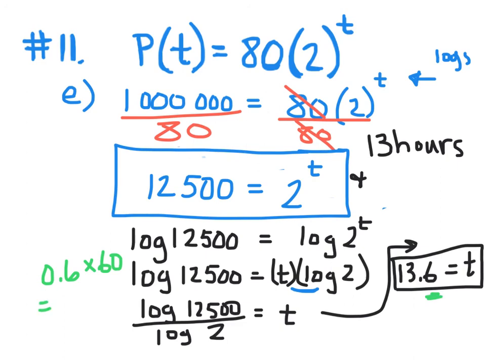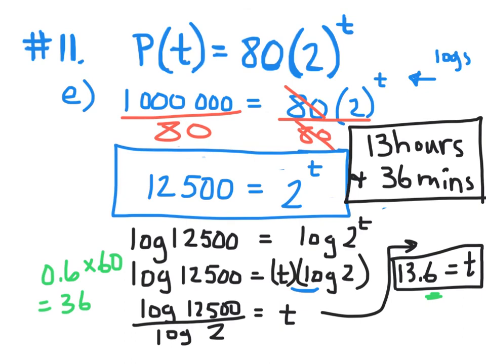To convert back to minutes, I'm going to have to multiply by 60. And when I do that, I get 36 minutes. So it's actually 13 hours and 36 minutes if it wanted this to the nearest minute. And that would be question 11.